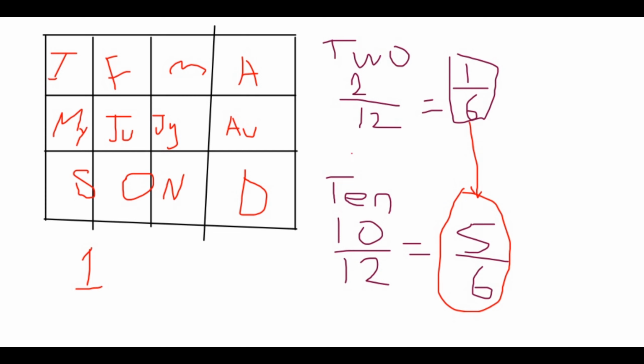Because out of 12 months, we picked 10 and 2 months are left out. So if we picked everything here, let's say we left out November and December, meaning 2 months will be left out. If we add the fraction of the ones we picked, which is 10, and the ones we did not, which is 2, it is going to give us 1.